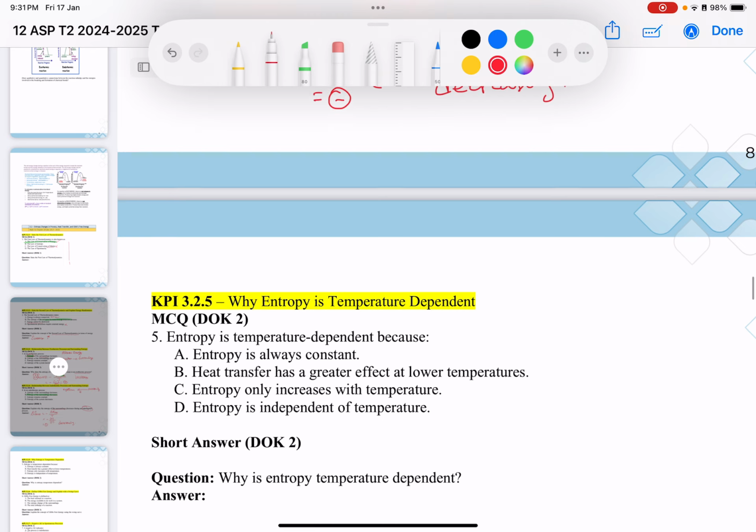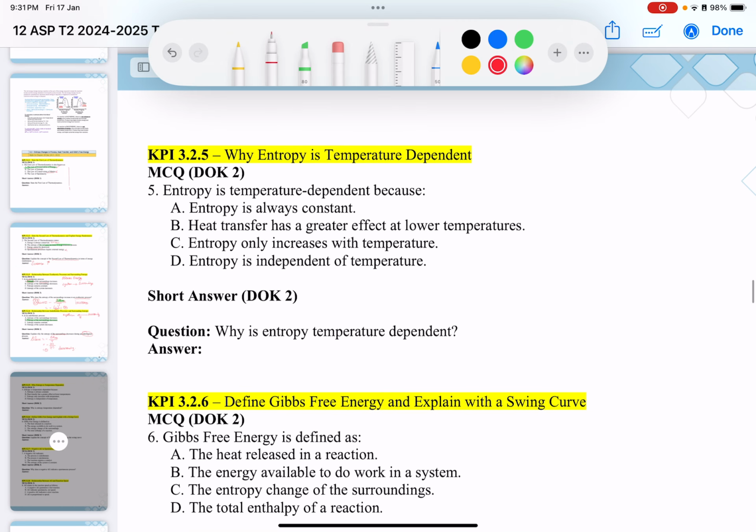Okay, now next. Entropy is temperature dependent. Of course, if you look at the table of molar entropies, the entropy of a substance changes from one temperature to another. If temperature increases, there will be more motion of the particles.